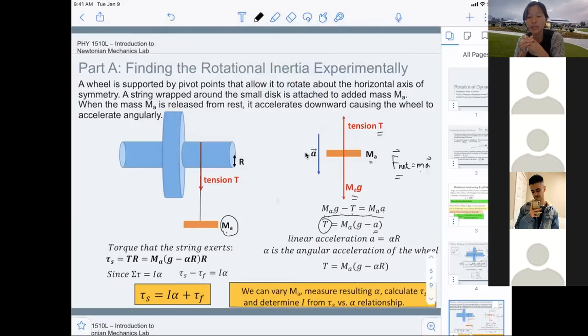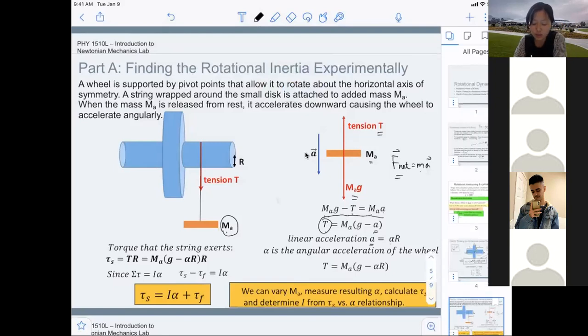But it is related to rotation because as your string unravels one circumference of the smaller wheel, your entire object has rotated one revolution. So a linear acceleration is related to an angular acceleration simply by multiplying the angular acceleration by radius r.